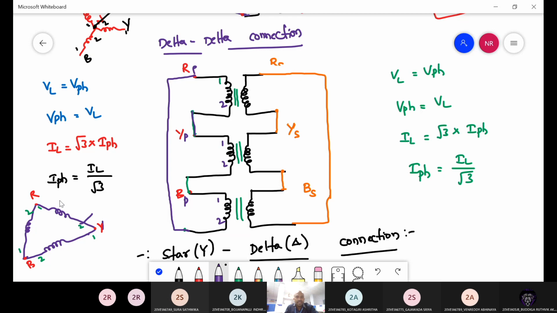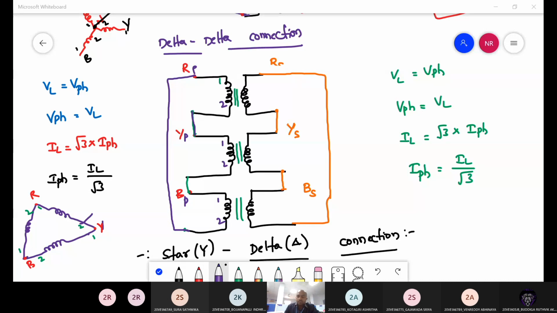Then B phase second end is connected to R phase first end. Then it is called delta. Just observe the circuit.